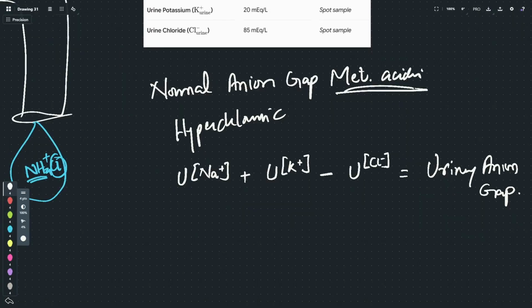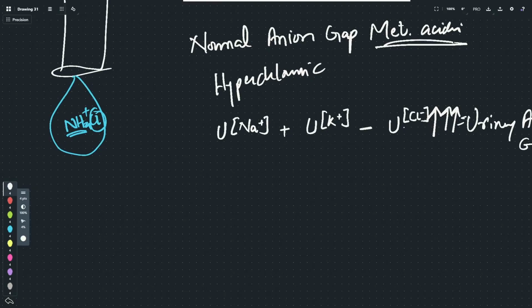Now understand what happens if a person is releasing a lot of chloride ions in urine in the background of metabolic acidosis. This value will become negative, very highly negative, right? And if there is metabolic acidosis and this value is highly negative, it means the kidneys are efficiently trying to get rid of acid.